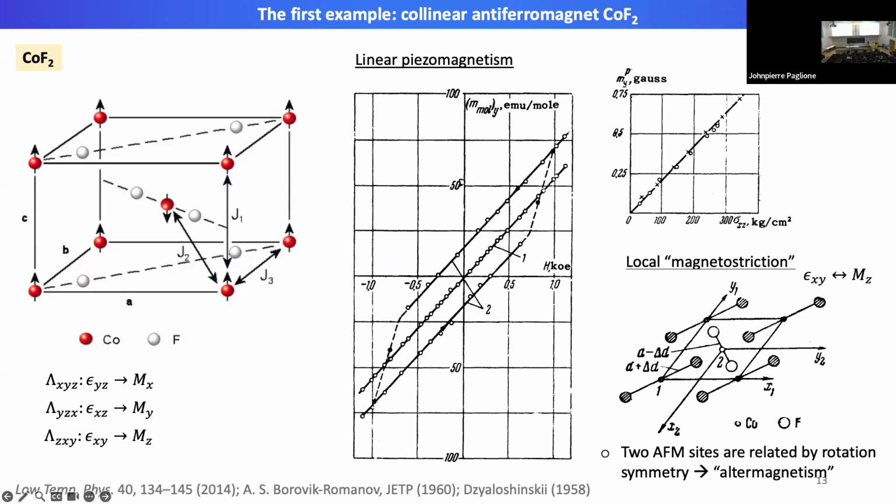Without any stress, for the curves labeled as 1, you see a linear MH curve that's characteristic of an antiferromagnet without any net moment. But the set of curves labeled 2 is the MH curve after the application of stress, and you can see that there is a net moment that appears after the application of the stress.